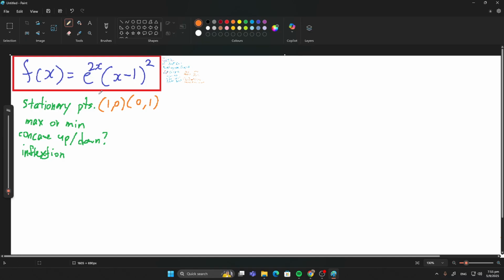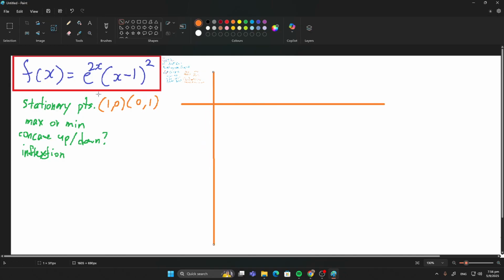Moving on, maximum or minimum. Alright. So in this case, a lot of you may be confused with the instructions, because you guys see in the lecture notes that if there is only one stationary point, then if the stationary point equals to 0, you will do x less than 0, x more than 0.